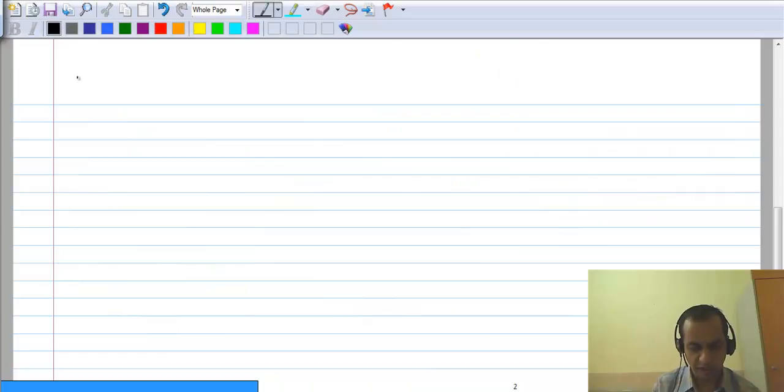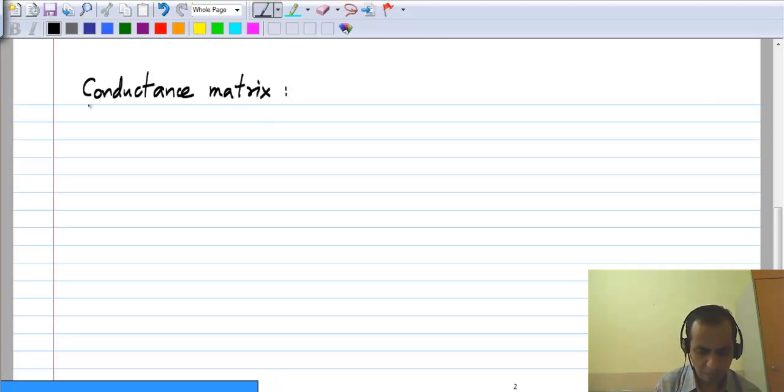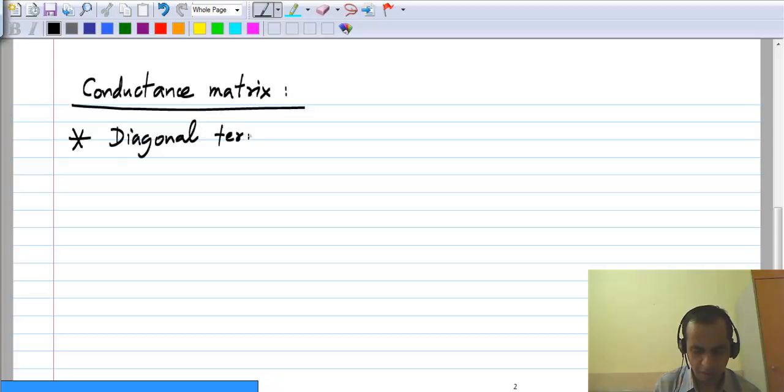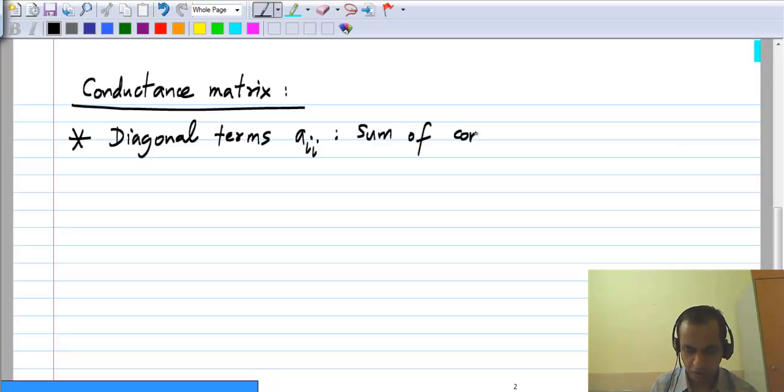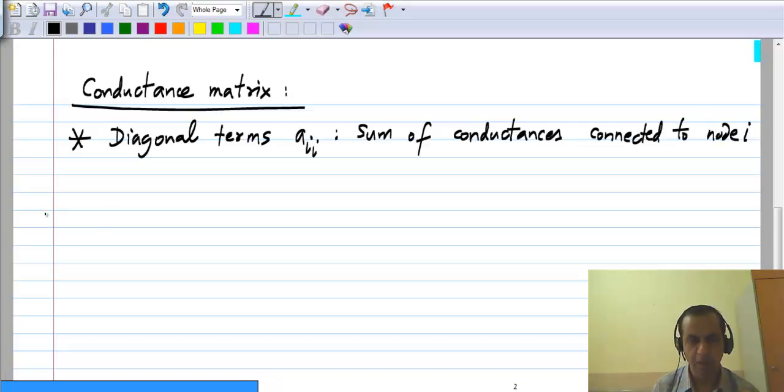So just to summarize the structure of the conductance matrix, firstly we will have the diagonal terms Aii to be the sum of conductances connected to node i, right?